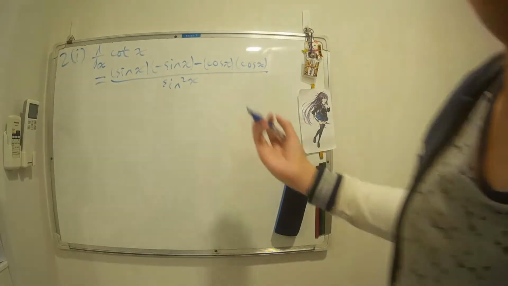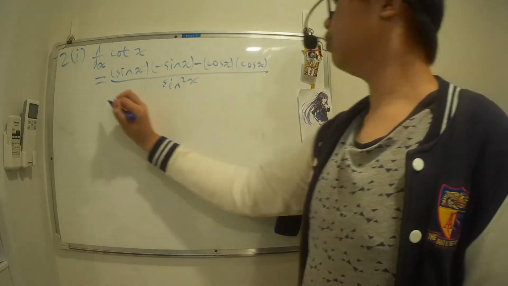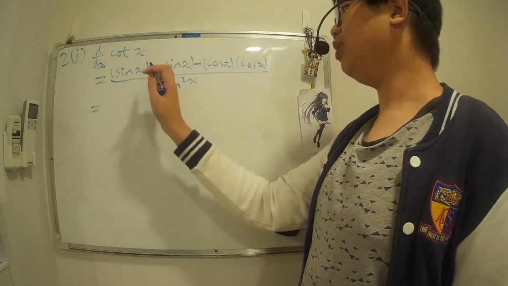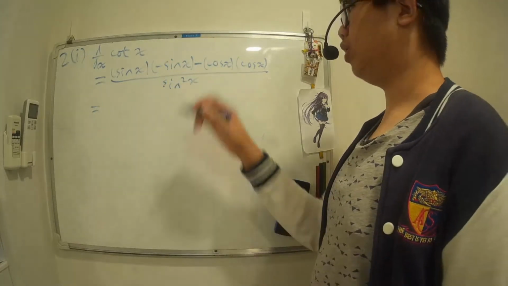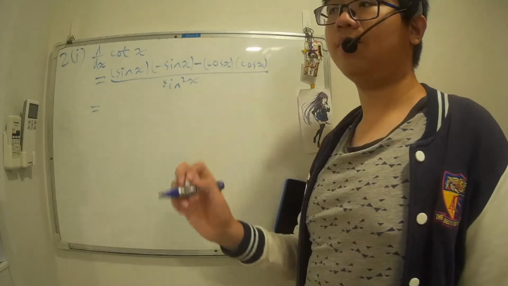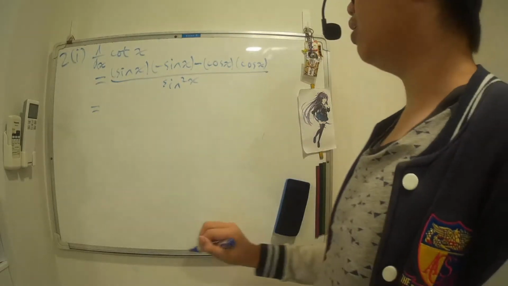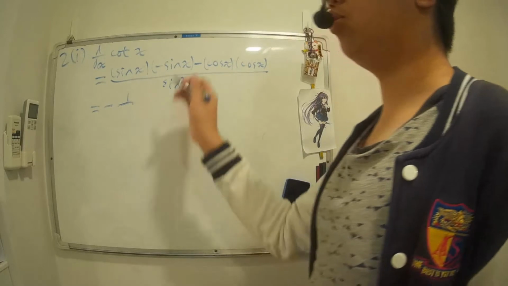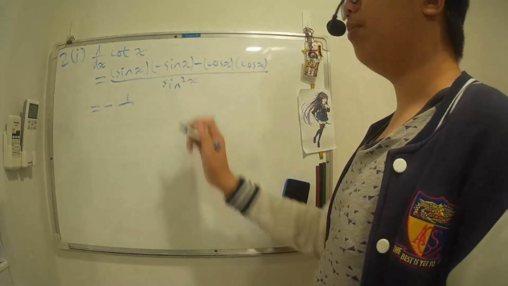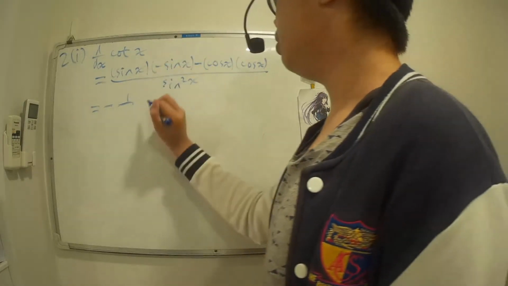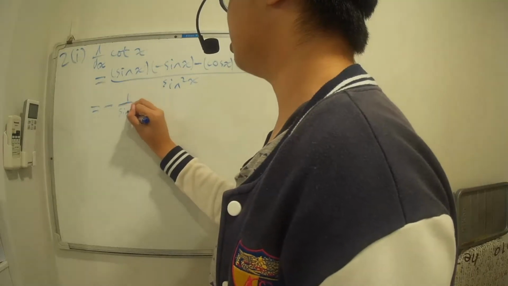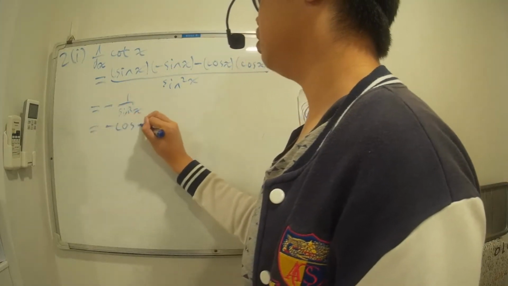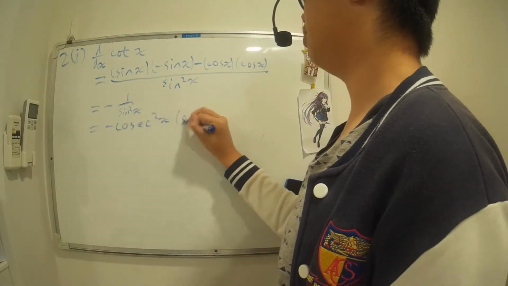So this is negative sine squared plus, minus cosine squared. So this will be minus 1 on the top, because the whole thing is sine squared x plus cosine squared together, which is negative 1 all over sine squared x. And of course, this is negative cosecant squared x, shown.